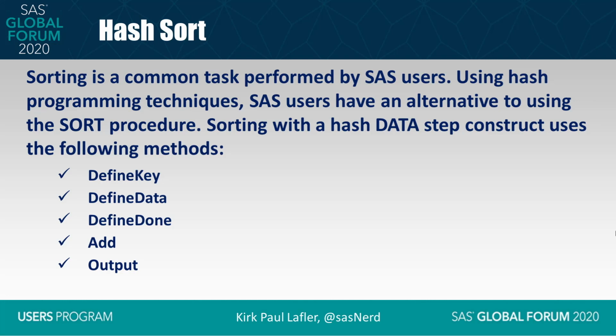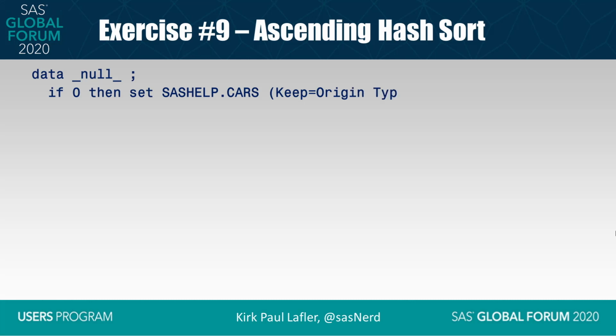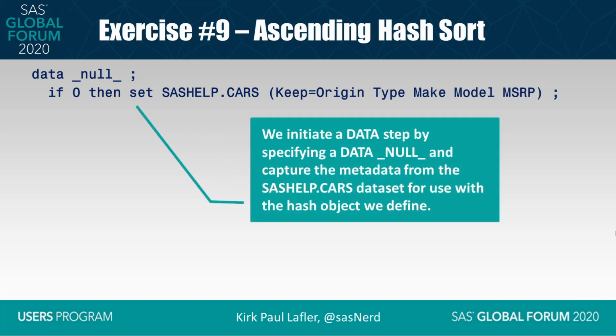The methods to perform a sort are define key, define data, define done, the add method, and then the output method. So we're going to explore two new methods that we haven't seen. In this exercise 9, just like we've done before, we're going to use the data step.